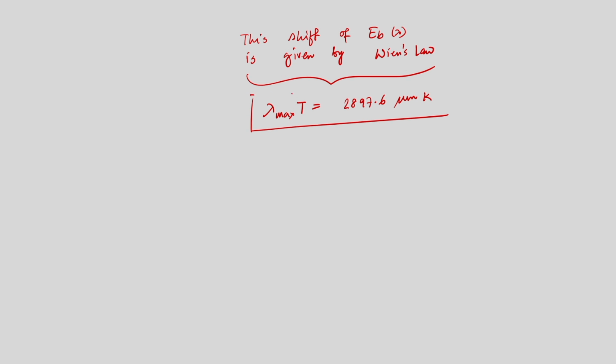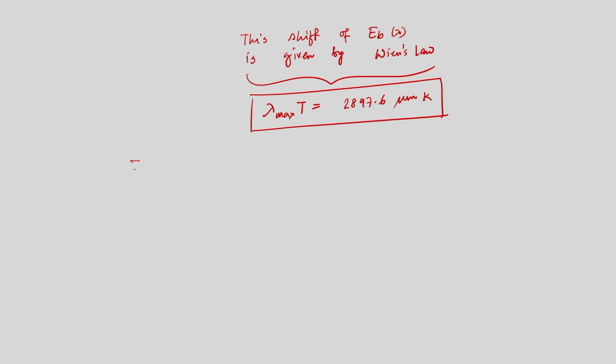So, by knowing this shift, we can obtain the rise in temperature of the object, and that is the principle by which we can measure the temperature of a particular object using thermal radiation.